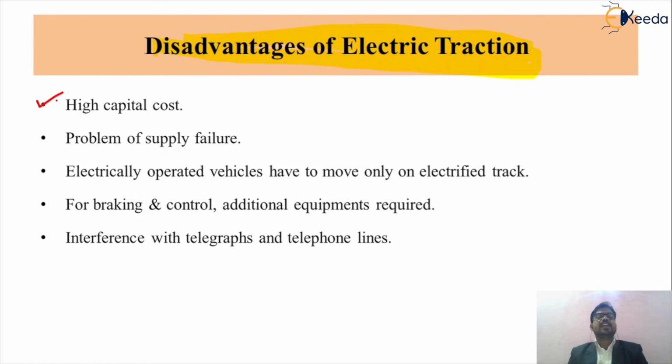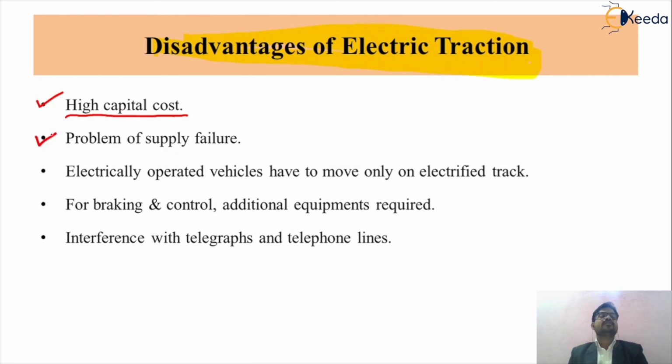Along with that, if we are using different starting, braking and control mechanisms, we will require some additional equipment. So due to that, the overall installation or capital cost of the electric traction system will be very, very large. That is one of the important disadvantages of electric traction.